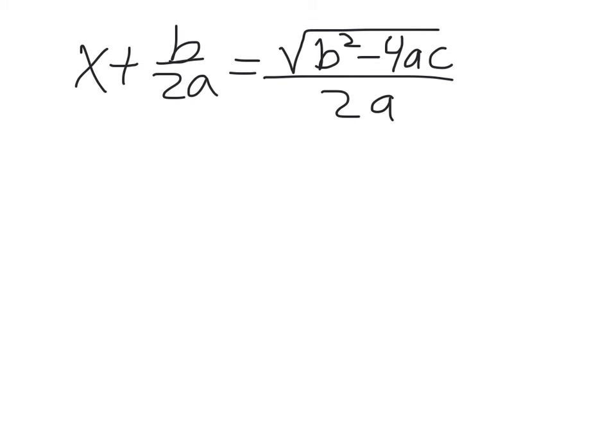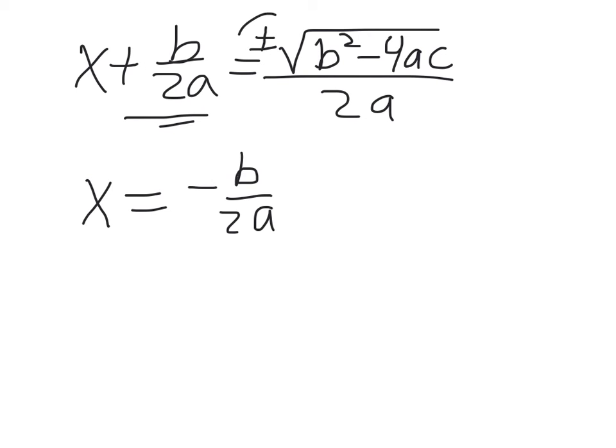And so now to solve for x, we do what? Subtract our b over 2a from both sides. And since we're used to seeing that as the first part of the quadratic formula, we'll put that in there. And I think I lost something at the beginning. Don't forget that plus or minus in there.